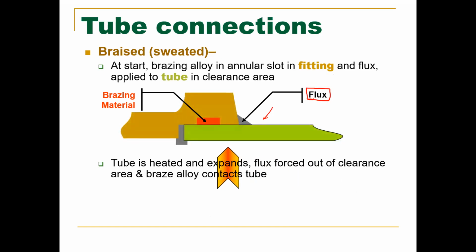All right, it has a boiling point that's lower than the brazing material or the solder material when heat is applied to it. And it flows, so it melts because it's a semi-solid. It melts and then it flows into all the crevices.